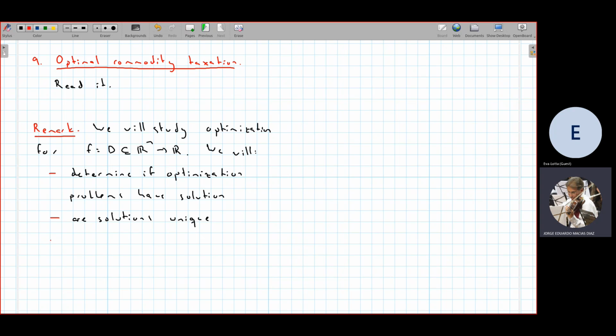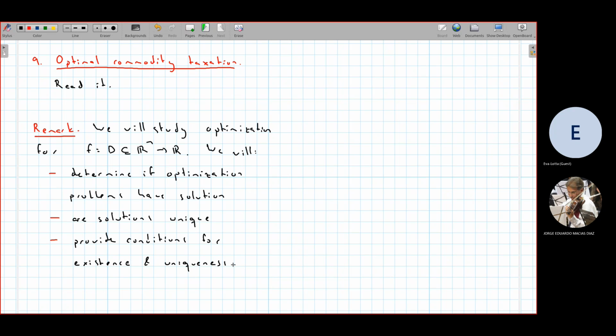So we also would like to establish conditions for both existence and uniqueness of solutions. And we are also going to develop some mathematical theory to solve these questions.